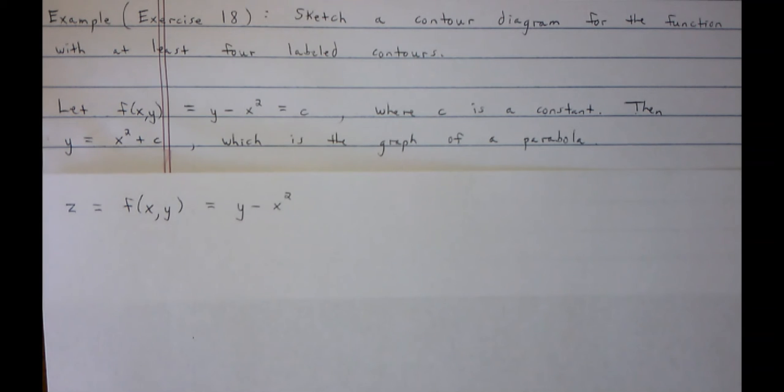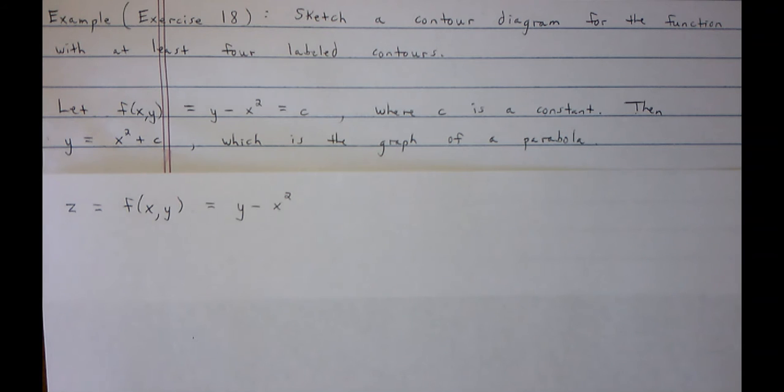Let's look at another example. Sketch a contour diagram for the function at the bottom of the page, z equals f of x, y equals y minus x squared, and we want to label at least 4 contours.